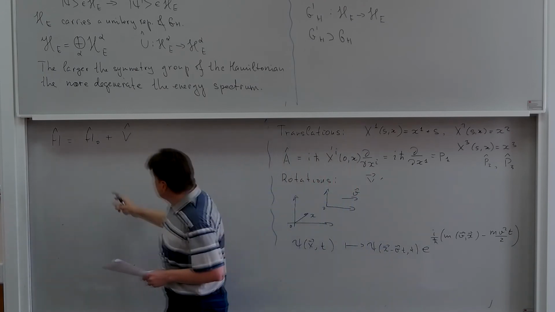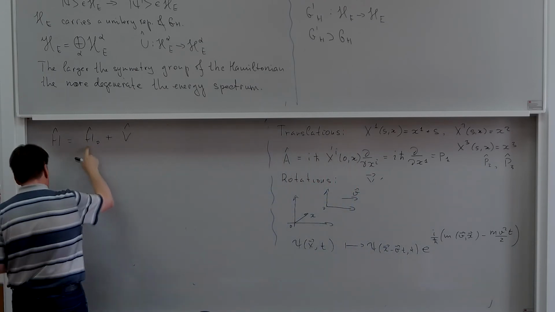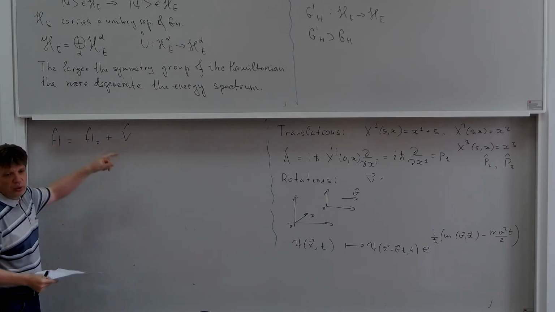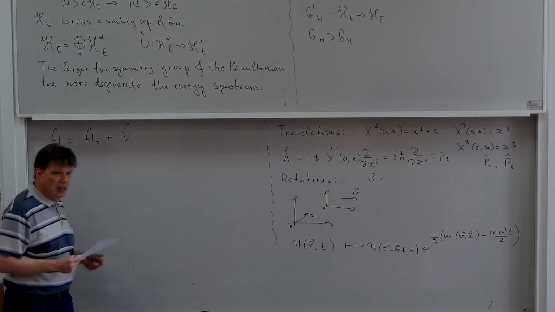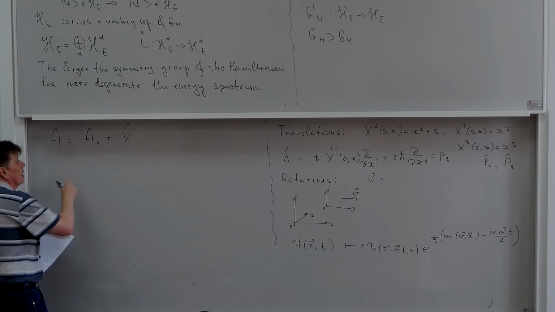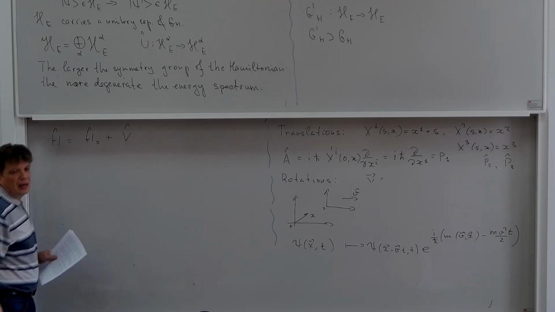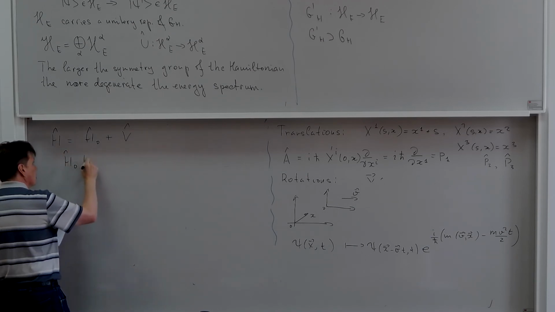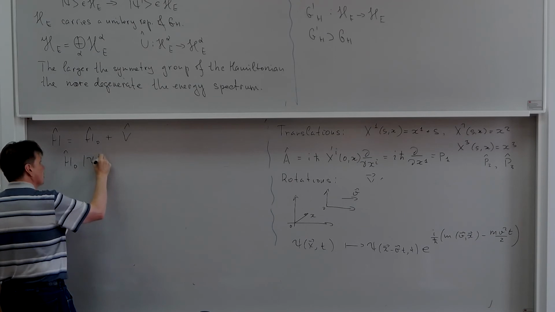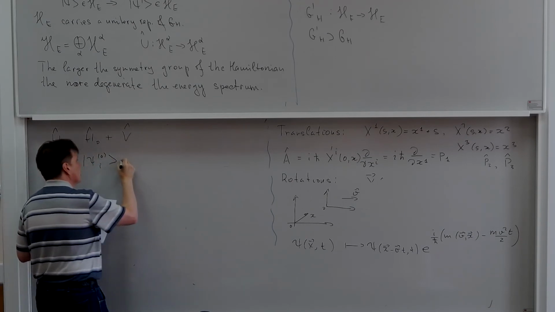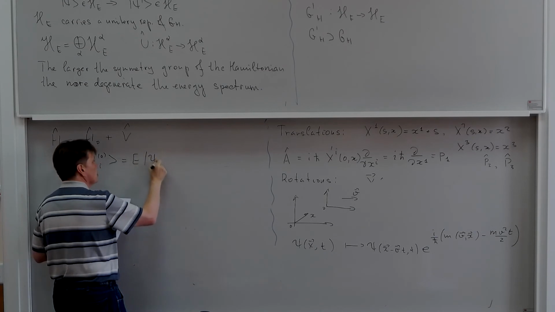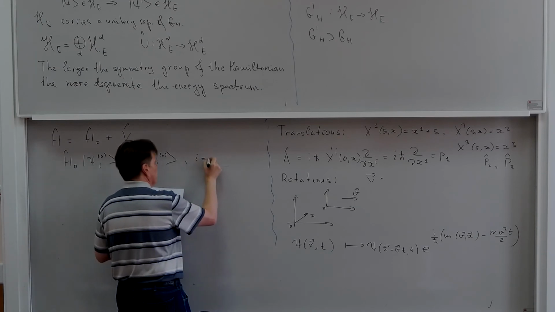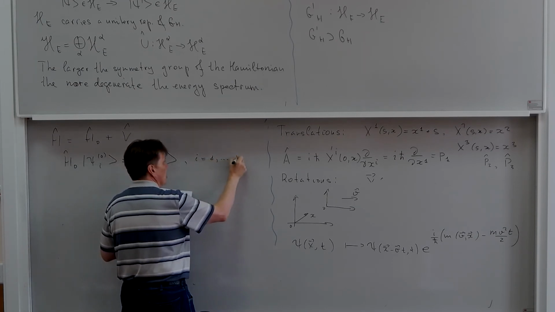And it is often true that the operator H naught is much simpler than the total Hamiltonian H, in the sense that we can find an exact solution to the corresponding stationary Schrödinger equation, I mean, H naught psi_i^(0) is equal to E^(0) psi_i^(0), where i runs from 1 to some n.